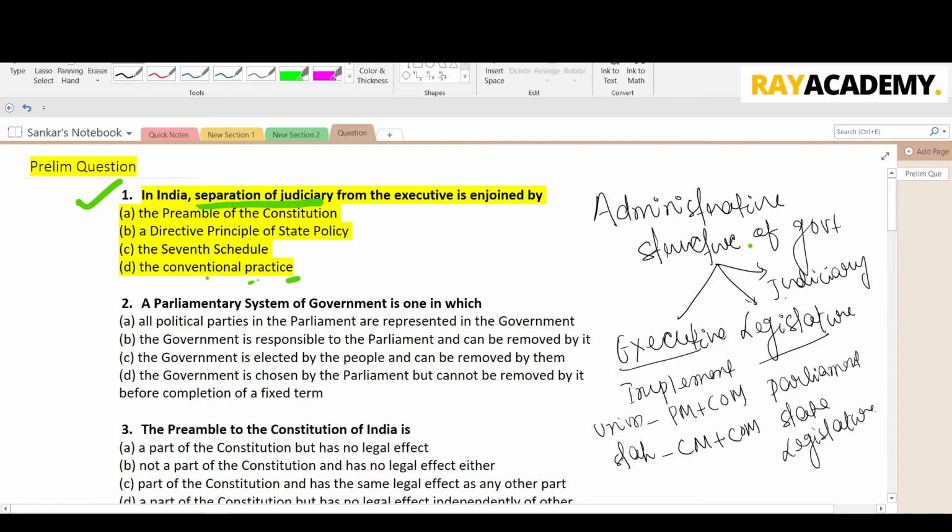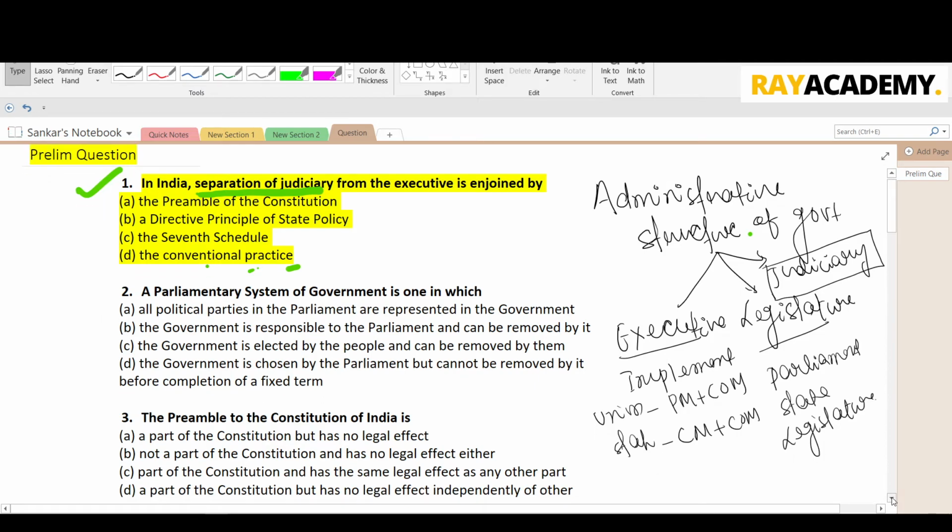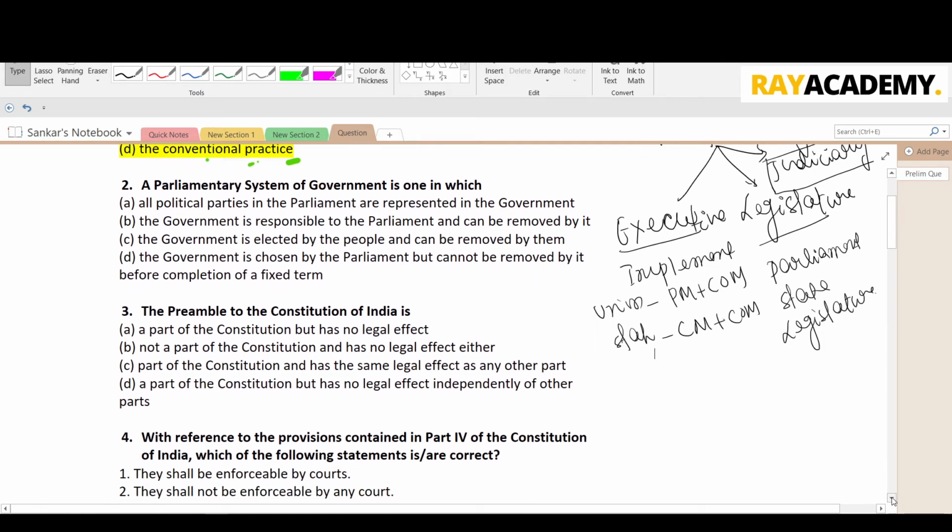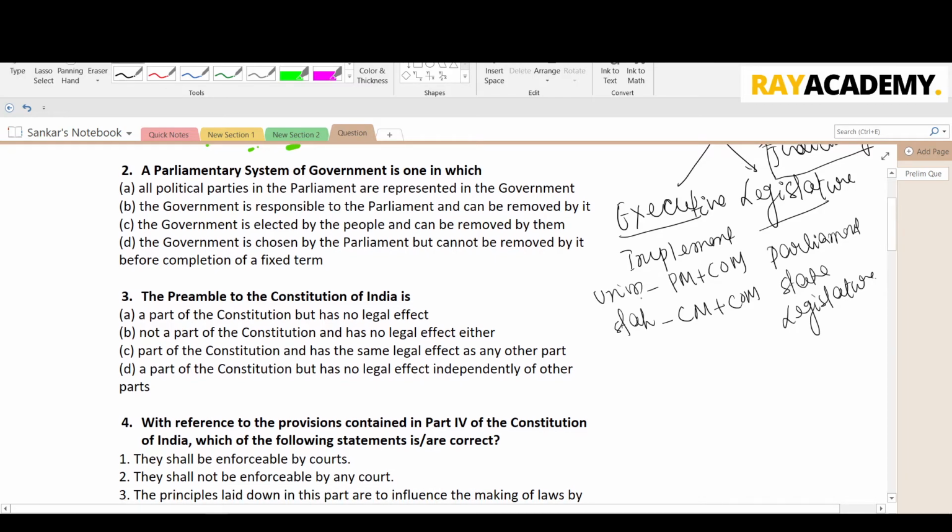Can you tell me the same thing for judiciary? For center, it is Supreme Court. And for the state... Try to understand one important point here. It is very wrong to say judiciary is federal.